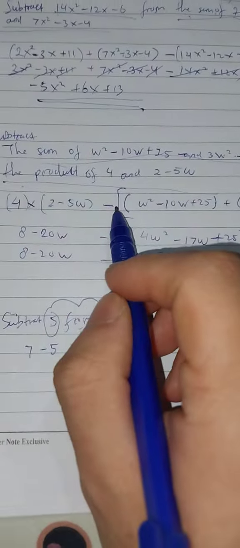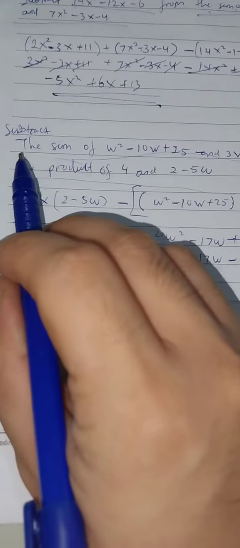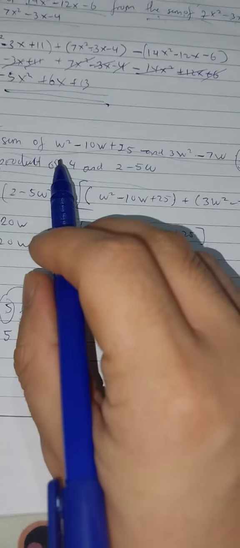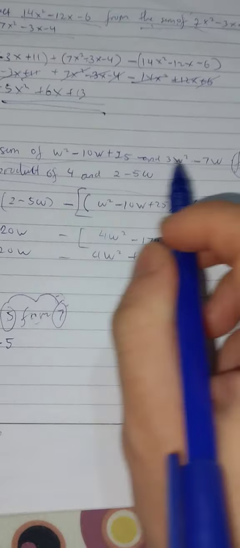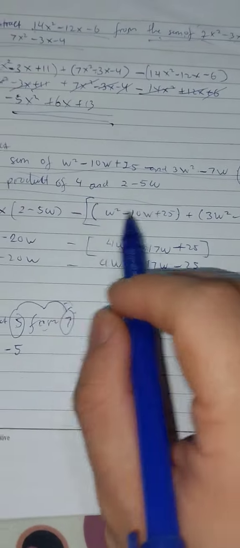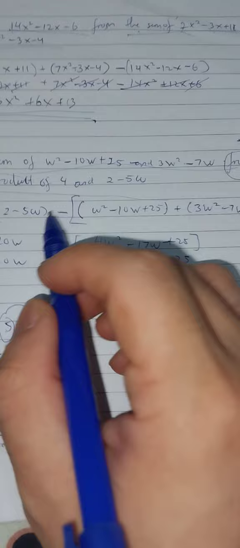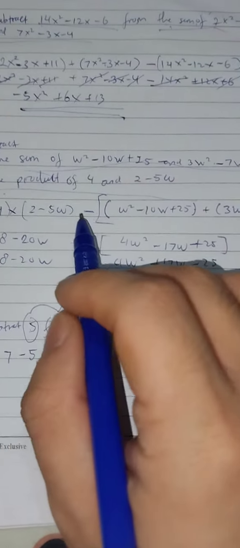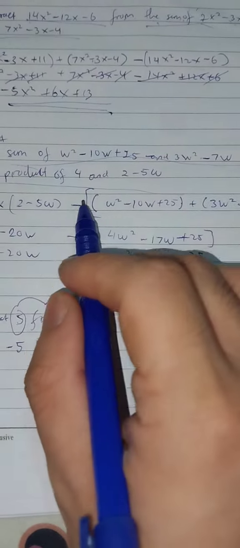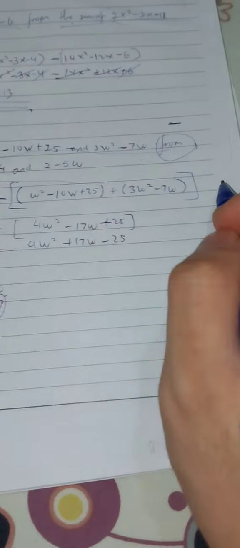From minus the sum of this. So minus this plus this, right? The sum of this. So I plus them first, and I put another bracket here to separate this bracket and this. Why do I need this bracket?